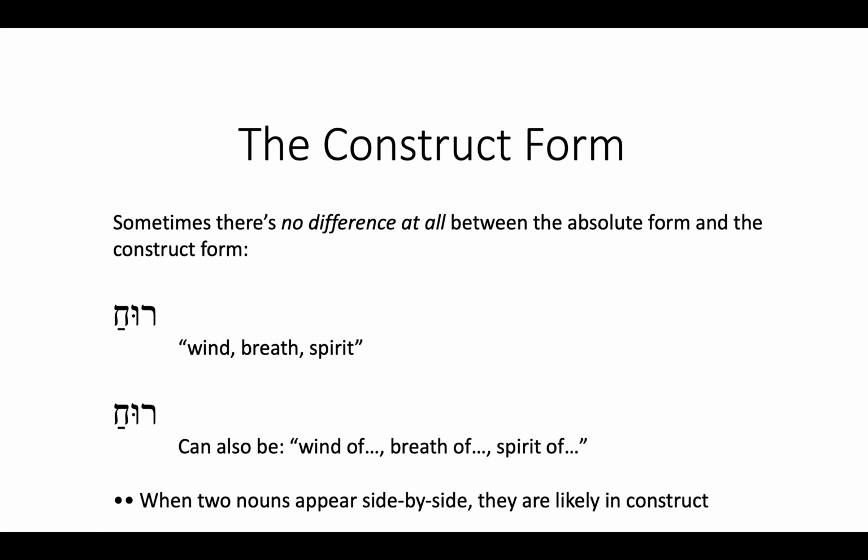So even if you're not completely on top of determining whether something is a noun in construct, it's usually fairly easy to figure out, and as we'll find out a little bit down the road, there are also little markings in the text which help you out.